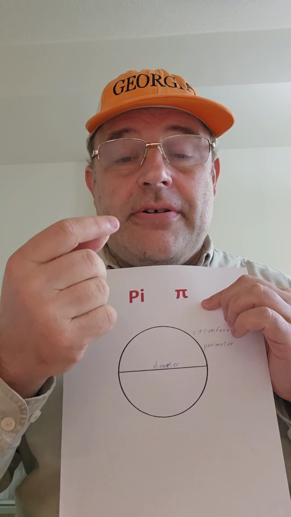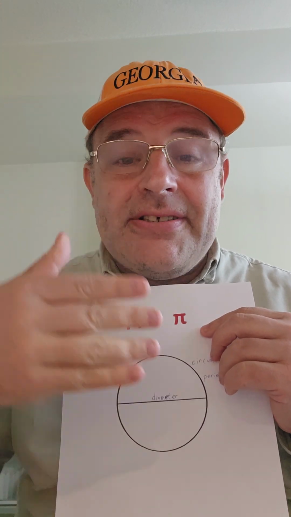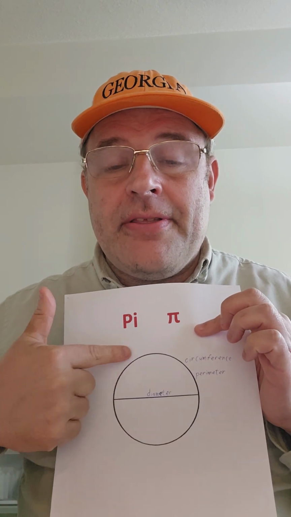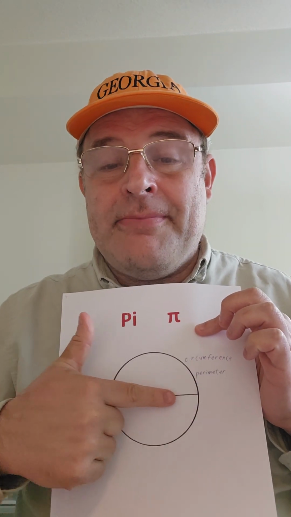Whether the circle's the size of the tip of your finger, or approximately the size of the solar system, or the size of Lake Ontario, or approximately the size of the sun, as long as it is a perfect circle, the relationship between the circumference and the diameter will always be the same.